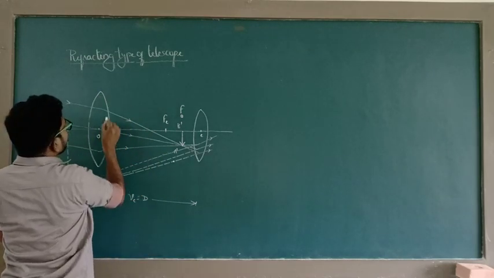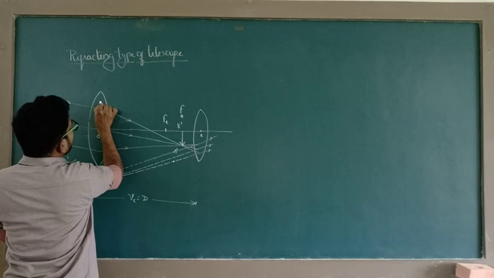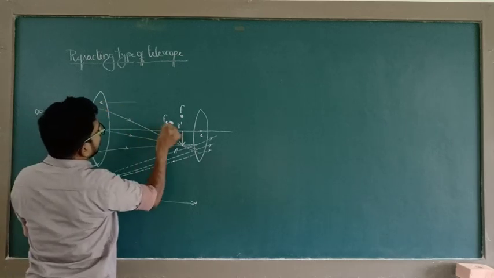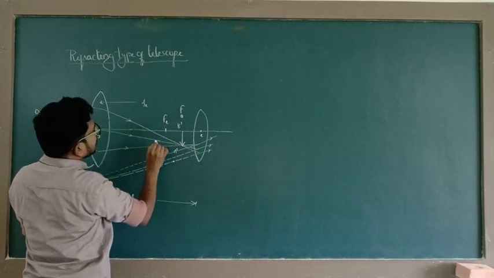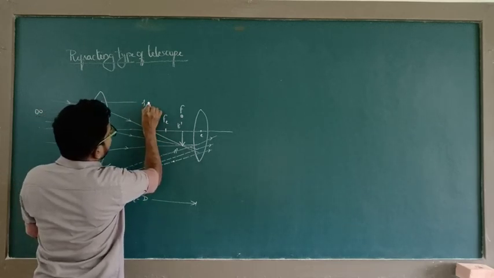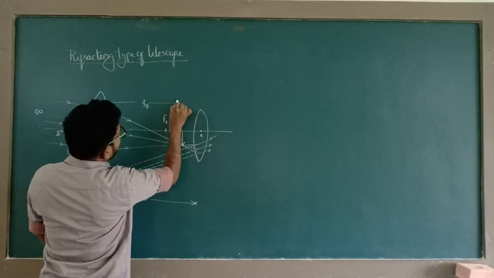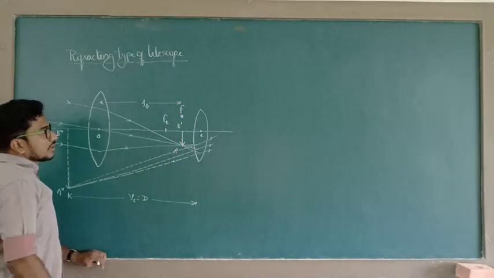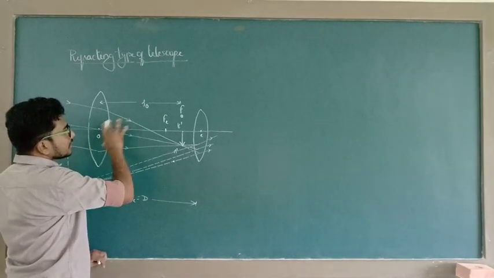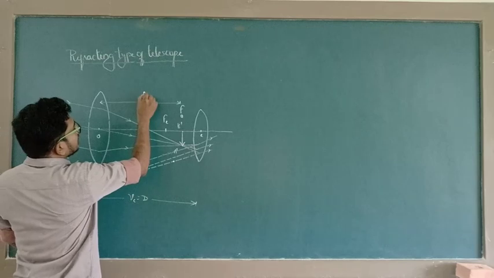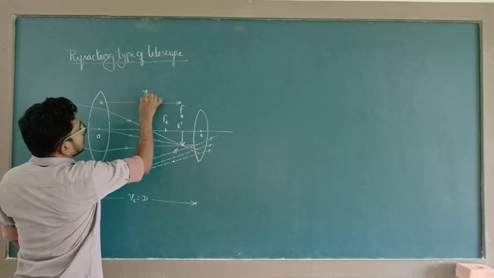Or focal length of the objective, the distance between optical center and the principal focus of the objective. This distance is focal length of the objective, or here this focal length of the objective is nothing but image distance. If you want you can write this is equal to V subscript O.